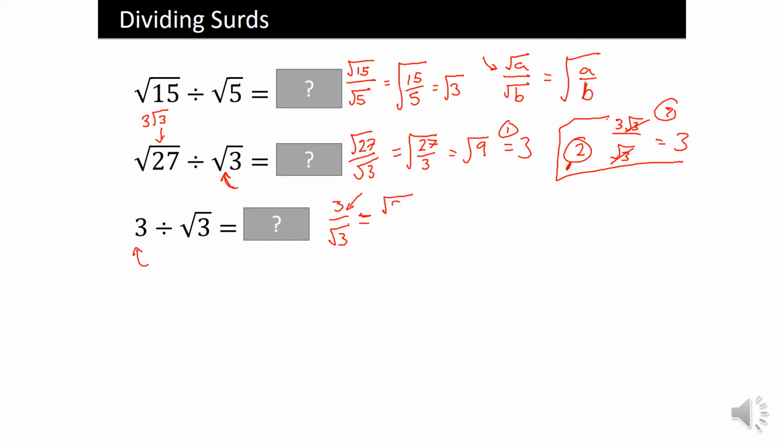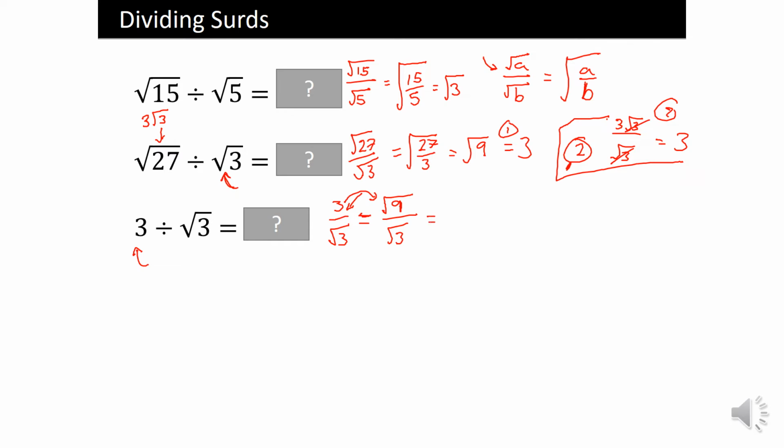So 9 is the number that we're square rooting to give us 3. And then on the denominator, we've not changed that, so it would stay the same. So on the numerator, we've got square root of 9. On the denominator, we've got square root of 3. So all we've done there is converted 3 to being a square root number.